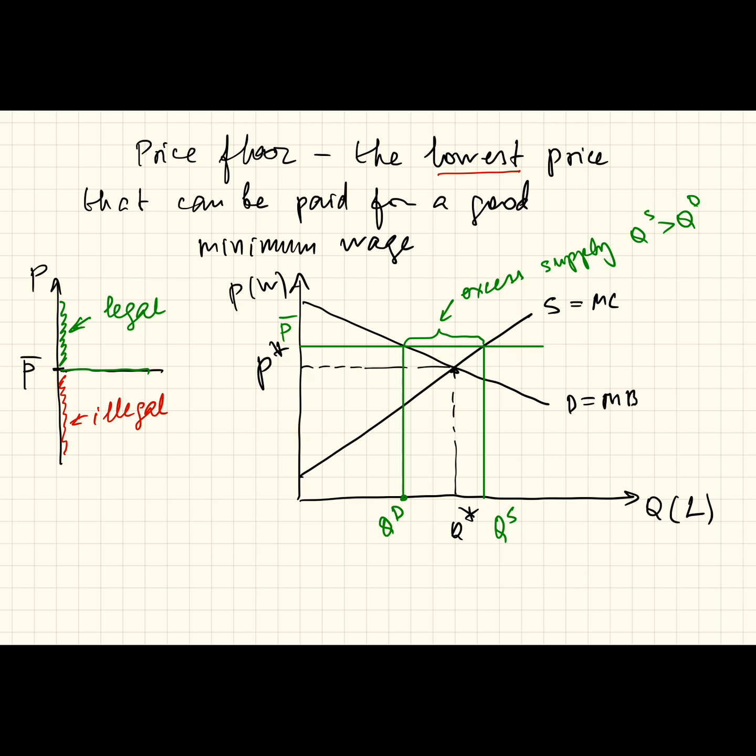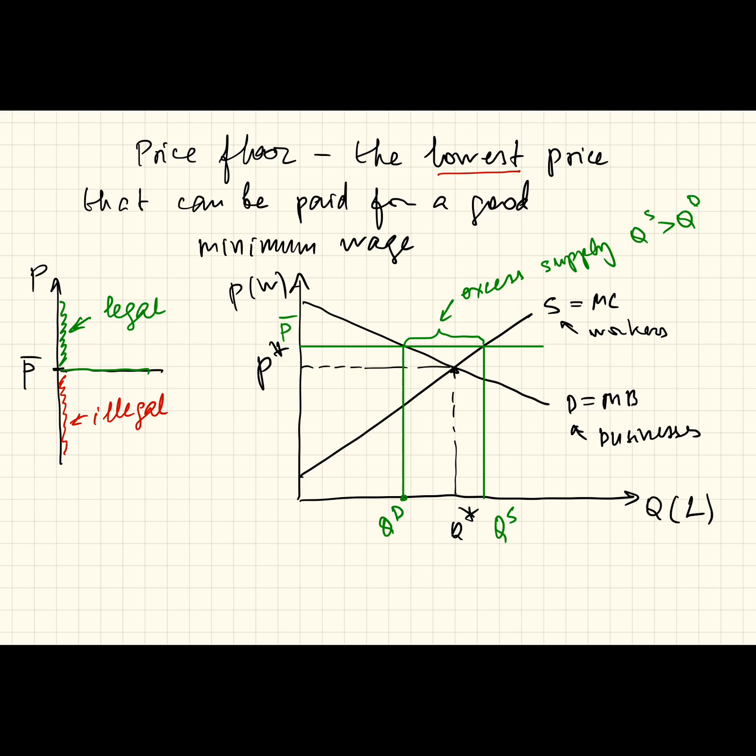Actually, one important thing we need to keep in mind is that in this kind of market, we're talking about a market for a resource, not consumer goods. So demand in this case is represented not by consumers but by businesses, so businesses acting as buyers. And supply is represented by workers.